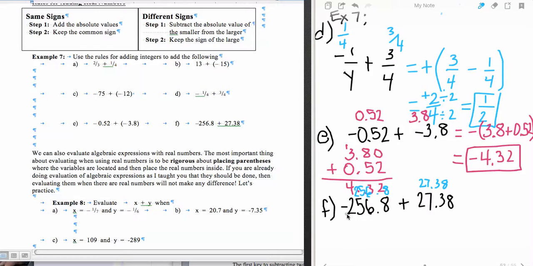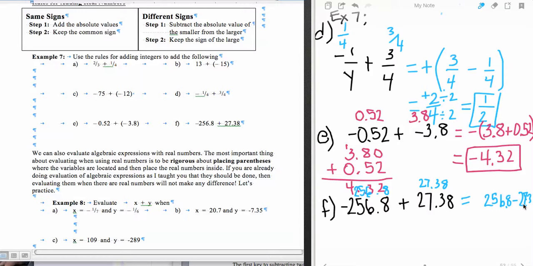Now I saw that I had a negative sign and a positive sign. That's different signs, so I'm going to be subtracting them. And the way that I'm going to be subtracting them is I'm going to have the larger number minus the smaller number. So it's going to be 256.8, which is the larger number, subtract the 27.38, which is the smaller number.